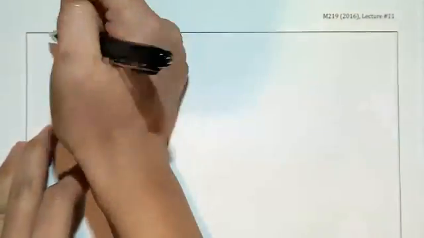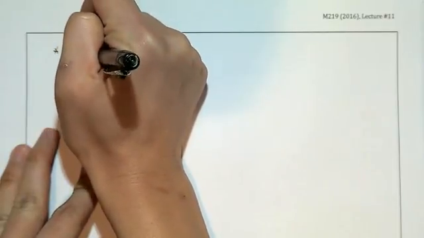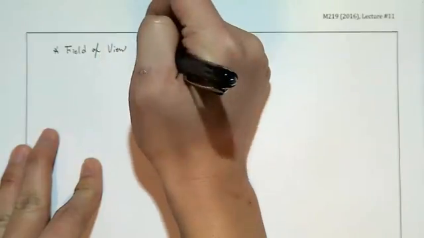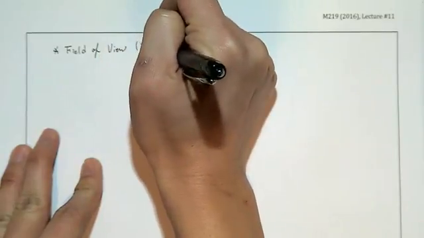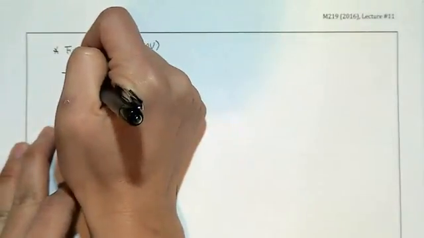So let's look at some of the numbers on the field of view in the frequency encoding and the phase encoding direction. First, we'll be looking at the frequency encoding direction.